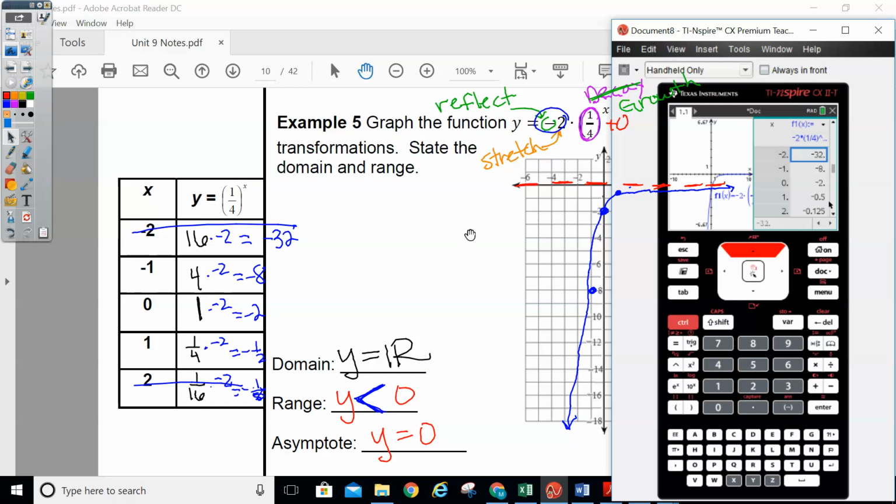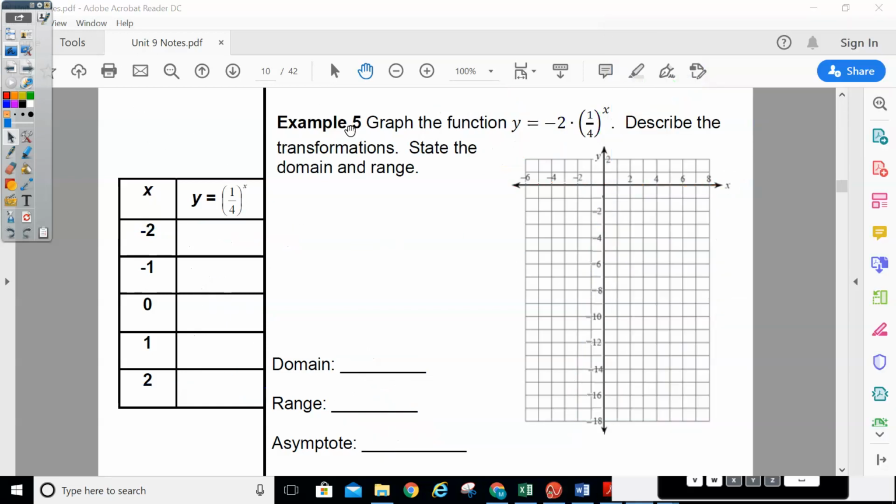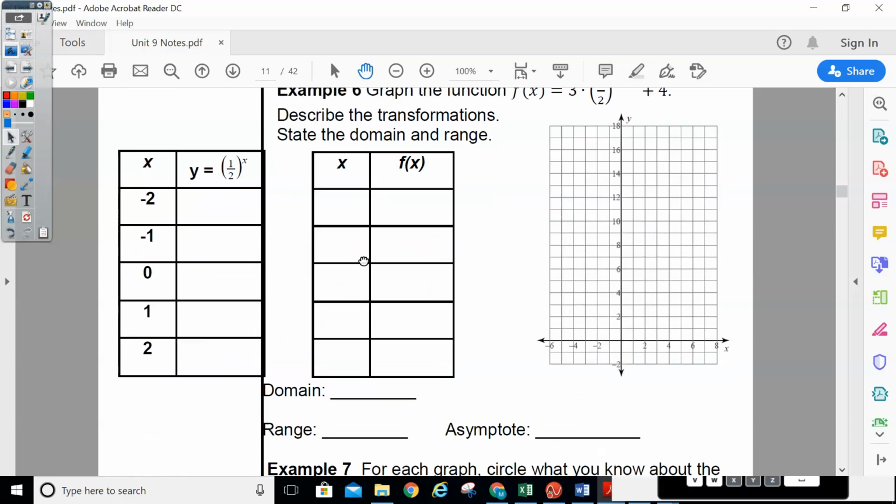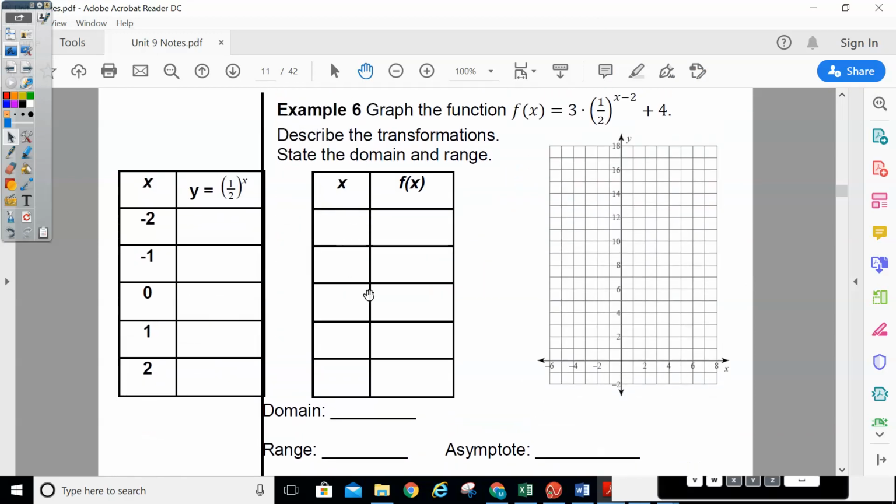Alright, and then we have one more graph over here. And this one I am going to type in for this equation. So here, the +4 tells us that it goes up 4. And we can already come over here and say the asymptote is going to be at 4. The -2 in the exponent tells me that it goes to the right 2.